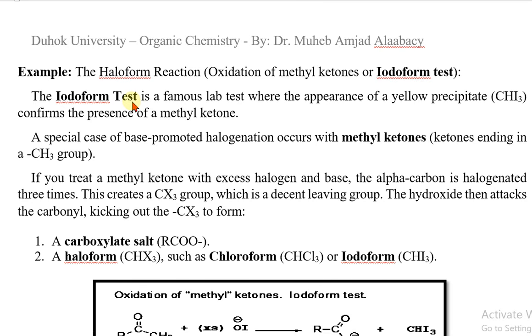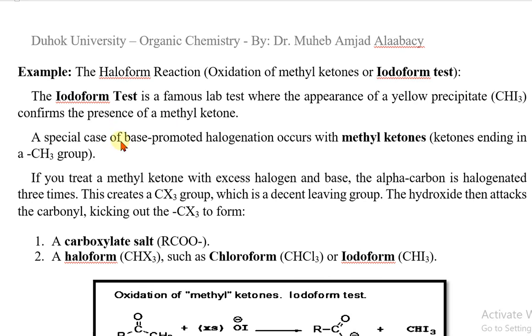The iodoform test is a famous lab test where the appearance of a yellow precipitate, CHI3, as a side product confirms the presence of methyl ketone. If there is any yellow precipitate, that means we have methyl ketone.